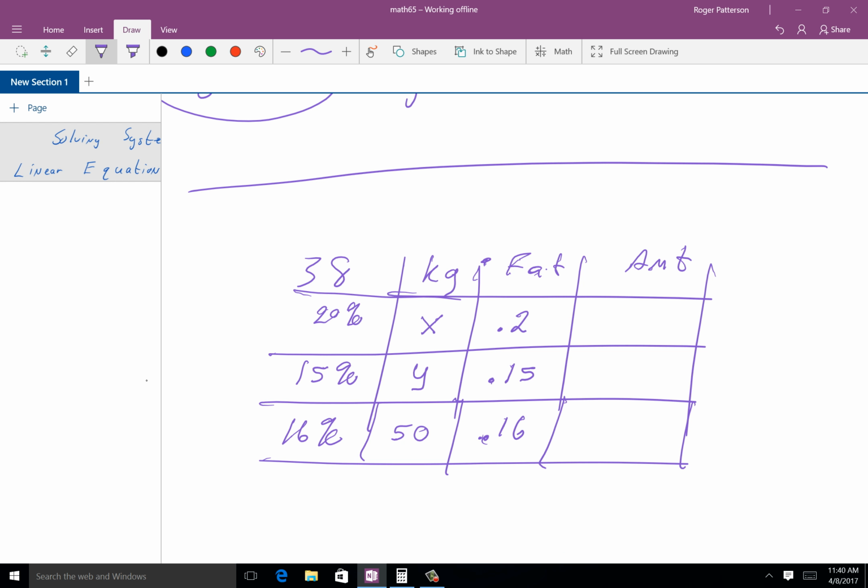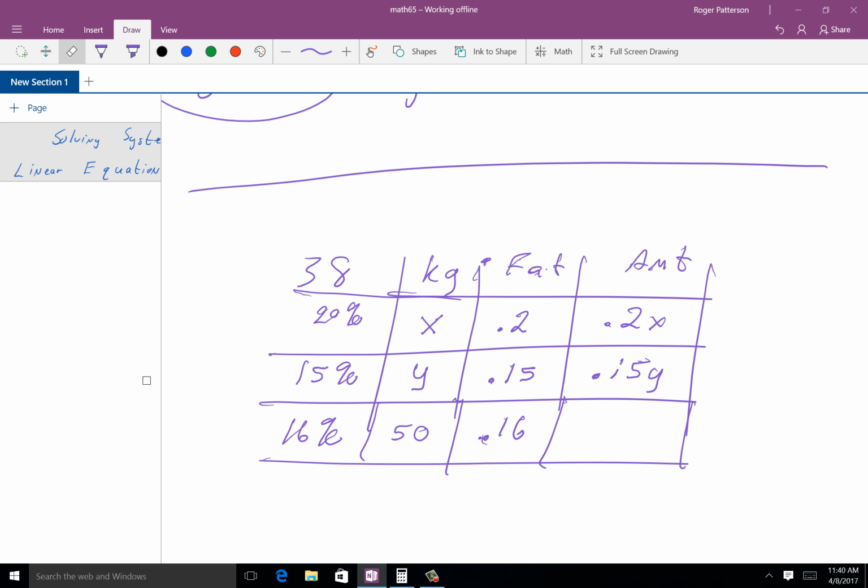So the kilograms times the fat equals the amount. Pretty much the same thing we just did. It's just different context. So this is going to be 0.2x, sorry. This is going to be 0.15y. This is going to be 50 times 0.16.